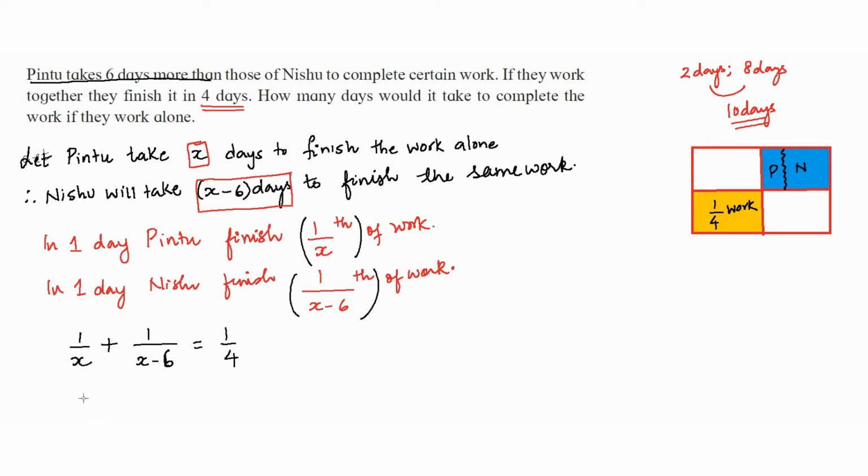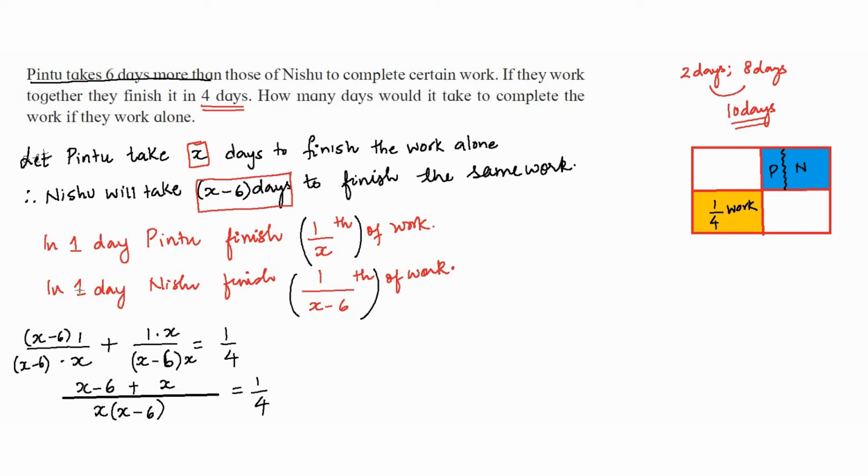The LCM of x and x minus 6 is x into x minus 6. The numerator x gets multiplied by x minus 6, so this becomes x minus 6 plus x.